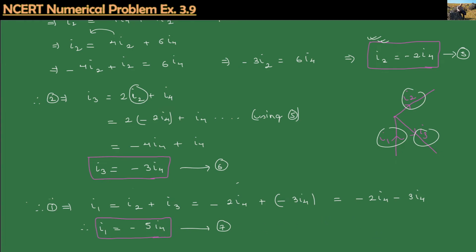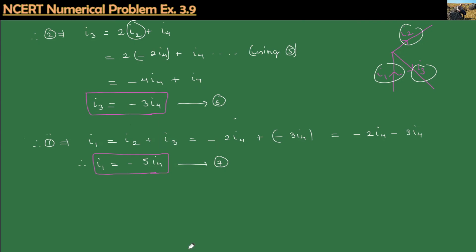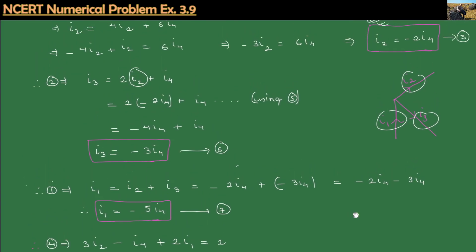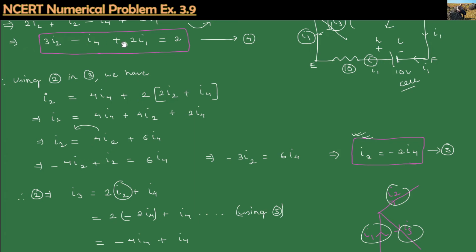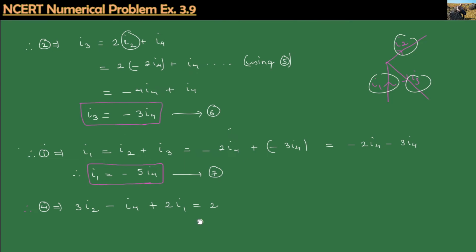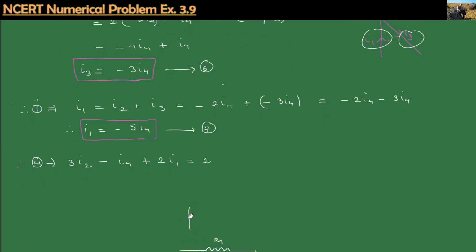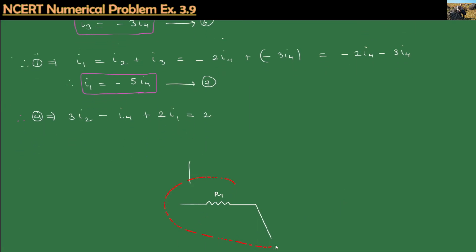Equation 4 is 3i2 minus i4 plus 2i1 equals 2. So we will try to solve this part.